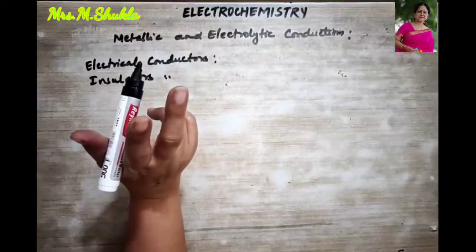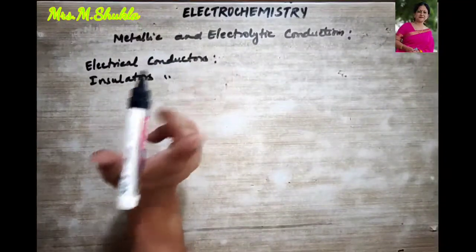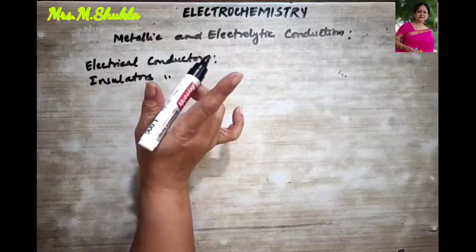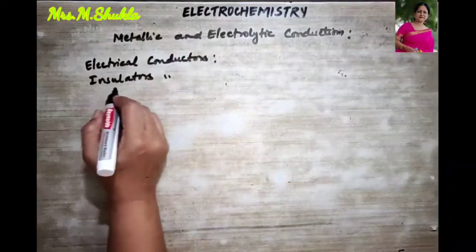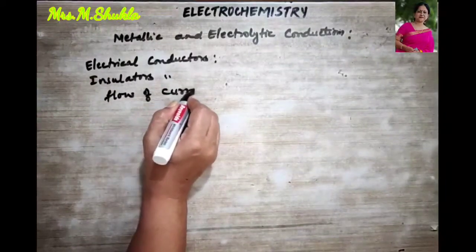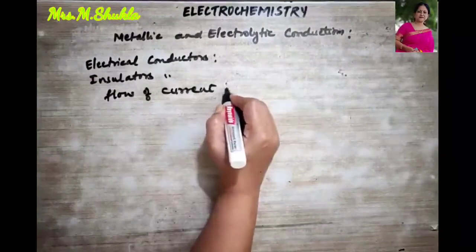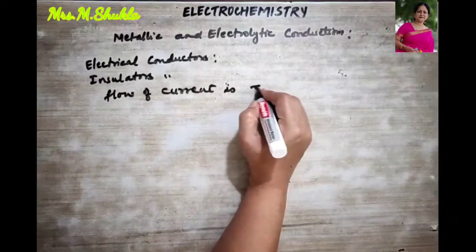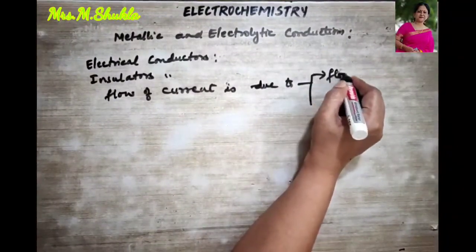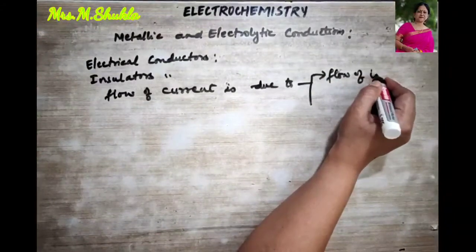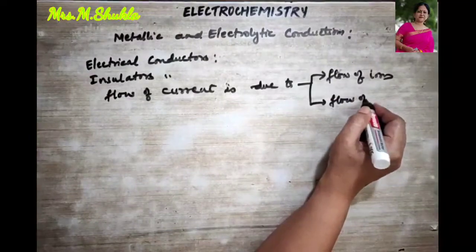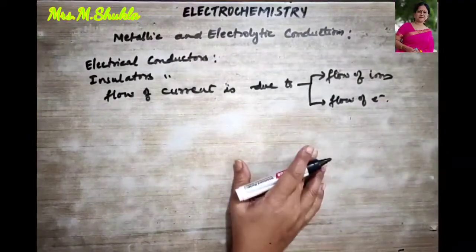Thus, the flow of current is either due to flow of electrons or due to flow of ions. I hope this much you know. So, flow of current is due to either flow of ions or flow of electrons, right?